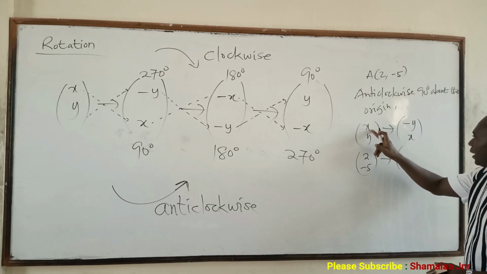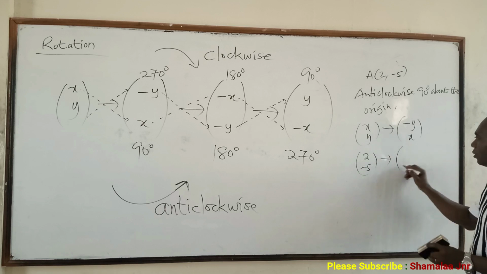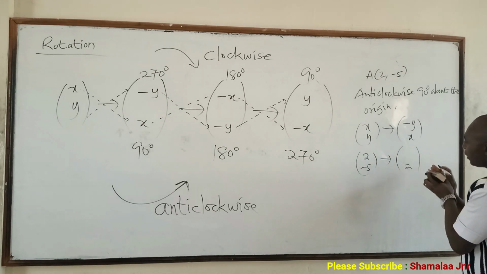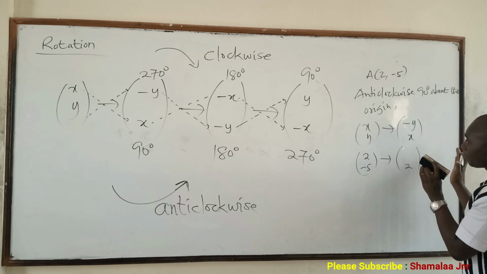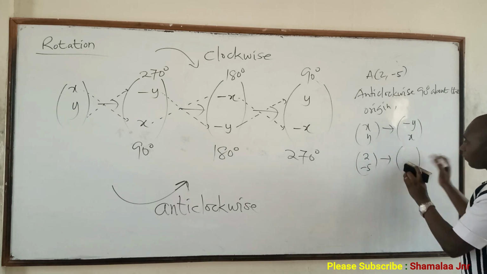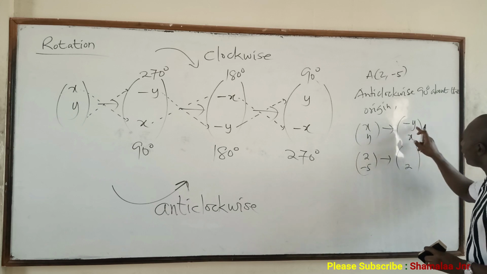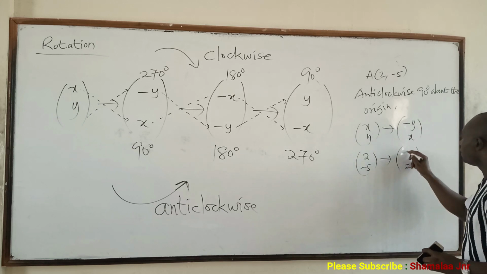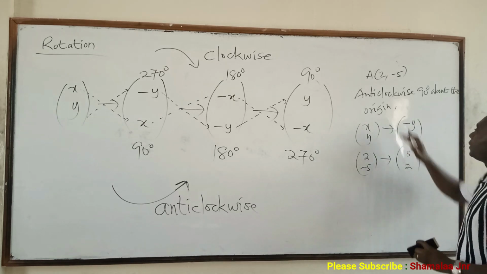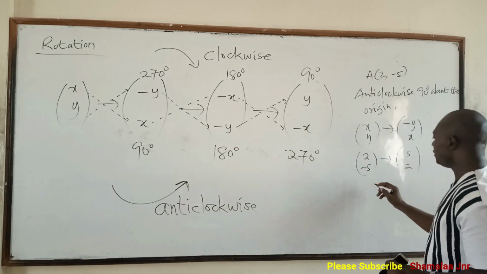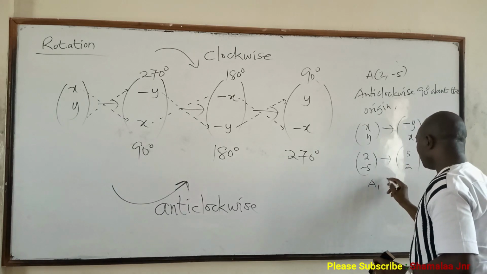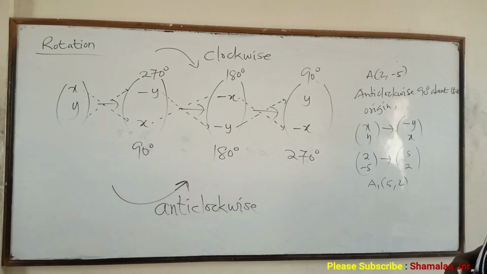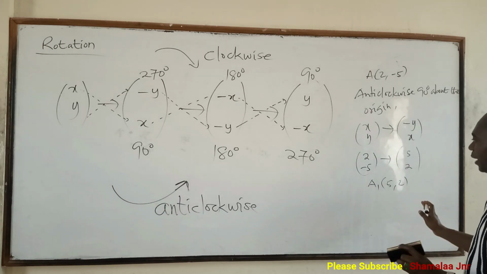This number up here has come here, it's unchanged. So I'll just bring this 2 here. I'm just following what is happening in the formula. And then this one has just gone up here and has changed. So I'll take this 5 here and change it. So if we have A, then its image, let's assume A1, will now be (-5, 2). Are you seeing it? Yes, will now be (-5, 2).